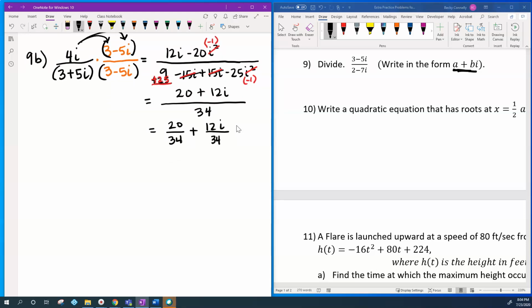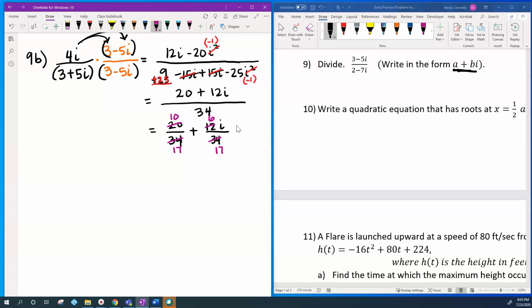What number do you see that will divide into both 20 and 34? Yeah, 2 will, right? 2 goes into 20 10 times and into 34 17 times. And same thing here, 2 divides into 12 6 times and into 34 17 times.